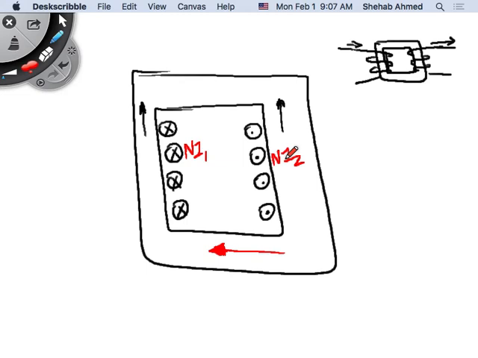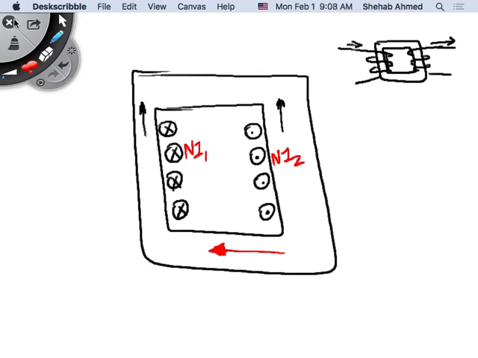If there's a difference between them, then it's because the core has certain reluctance to the flow of the flux, and it requires some additional current. Do we agree? And that's what we have here. So the difference between them will typically be 0 for an ideal transformer. If there's a difference, it will result in some magnetizing flux that is required for this core to operate and generate this transformer action.